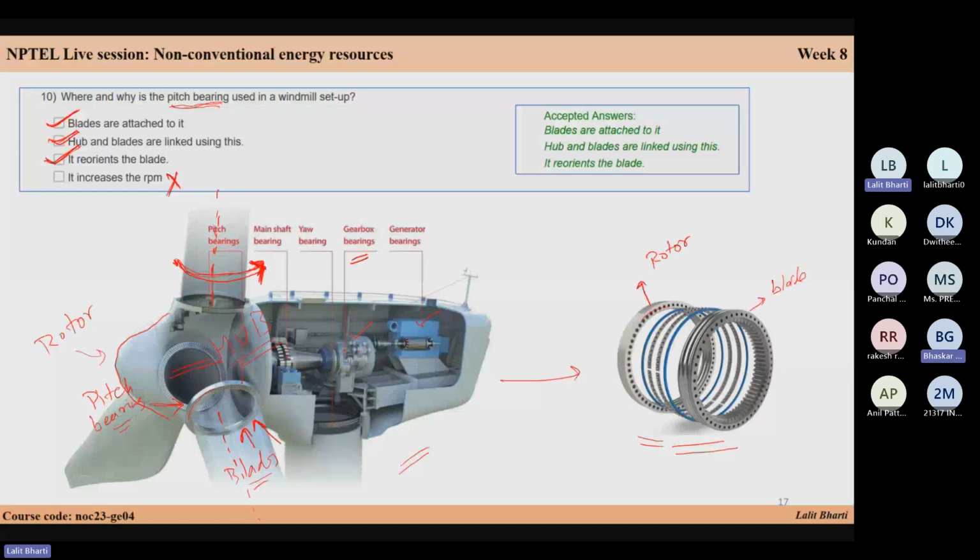Okay, sir. ABC. Yes, options 1, 2, and 3 are correct, because it will not increase the RPM. They only allow rotation over the axis of the pitch, or the axis of the blade, you can say.